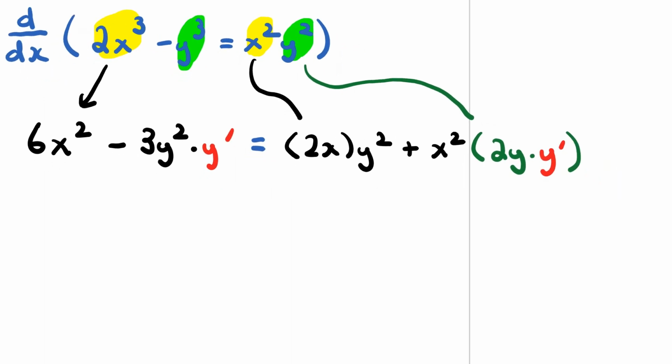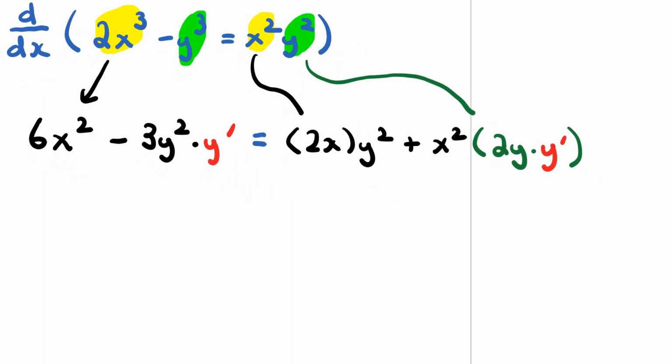Okay, so that's looking pretty good here. What I'll do now is move the y primes to the left-hand side of the equation first, just to make sure that students can see the differences here. So this part here in yellow, I'm going to move to the left-hand side, and this part here, which I'm highlighting in blue, I'm going to move to the right-hand side.